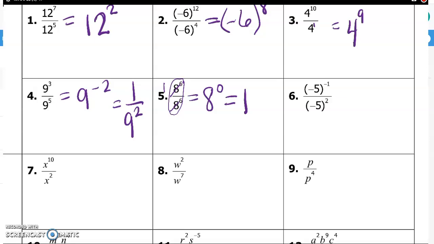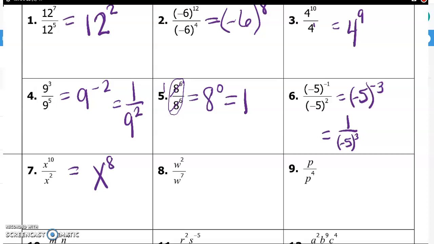Number 6, you need to be a little careful. This becomes negative 5 to the negative third. Negative 1 minus 2 is negative 3. So then again, that needs to go to the denominator, 1 over negative 5 to the positive third. Number 7, we would have x to the 8th power, 10 minus 2.